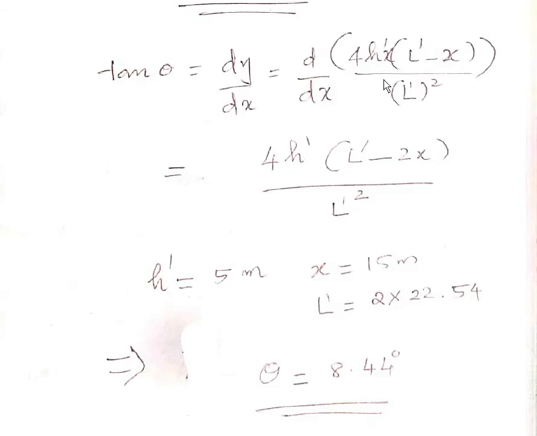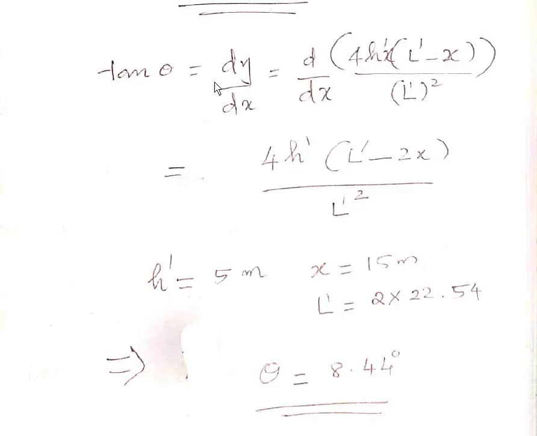So take the derivative of y with respect to x. So dy by dx is equal to 4h dash into L dash minus 2x divided by L dash square. We know the calculation of h dash and L dash, it is the same. H dash is equal to larger of the rise values and L dash is equal to 2 times the larger of the span values L1 or L2.